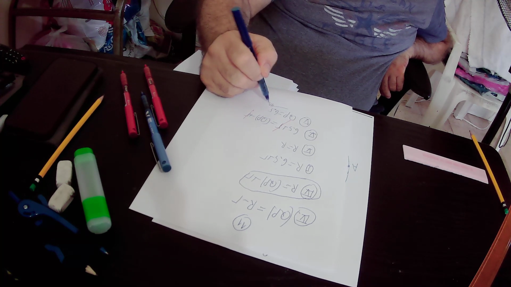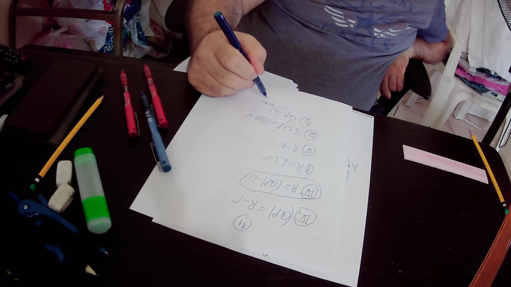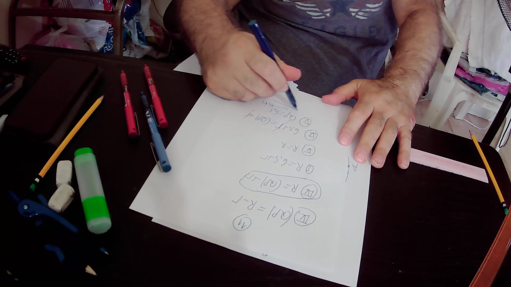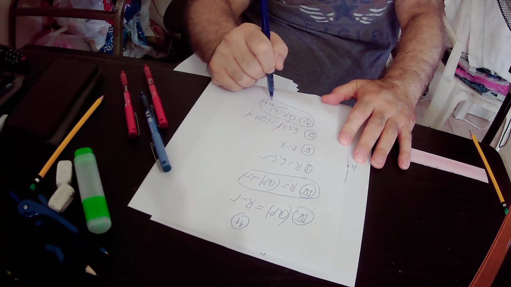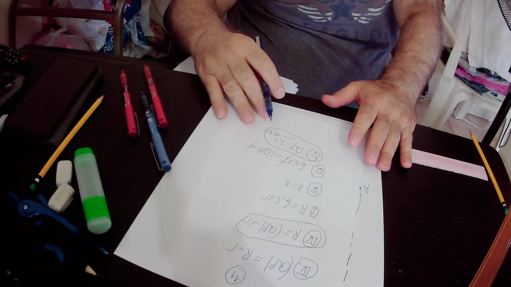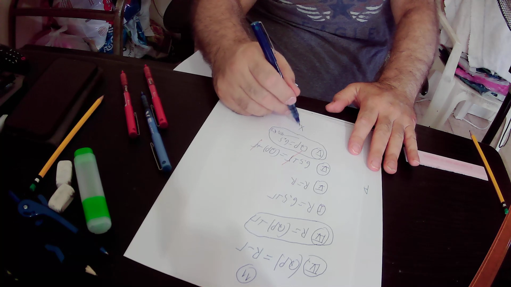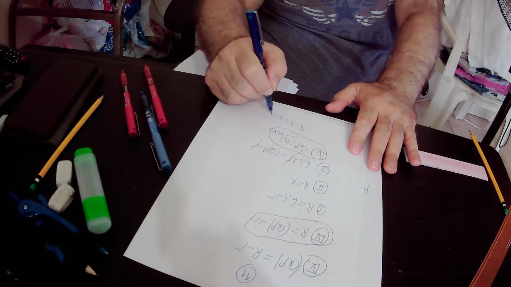Okay, that is the distance between the centers of the two circles. And we already found out that the value of x is 2.5 units.